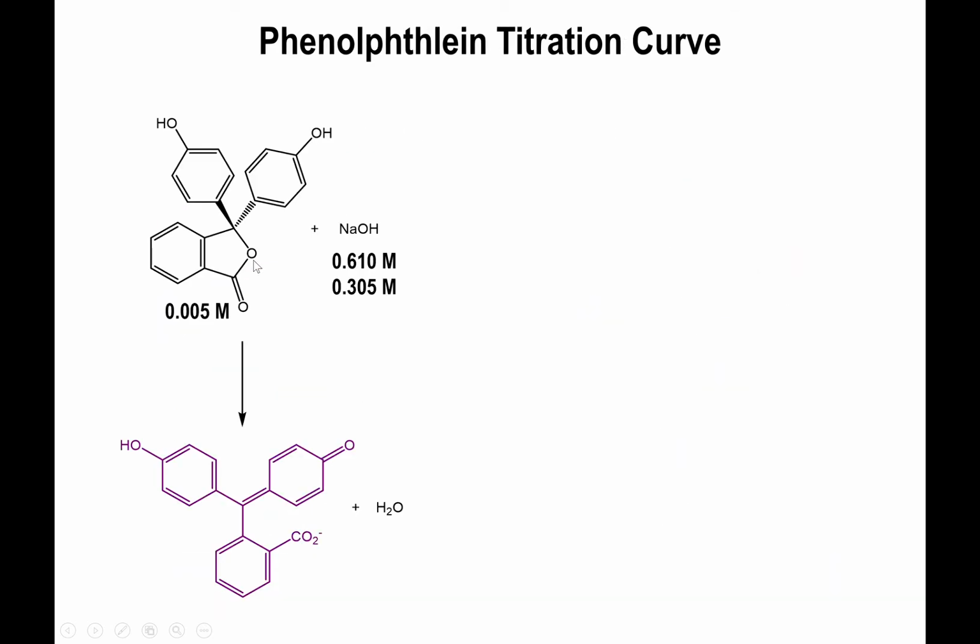An example that I can give you of this is the reaction of phenolphthalein indicator. It is the indicator used for acid-base titrations, to know when you reach the equivalence point.